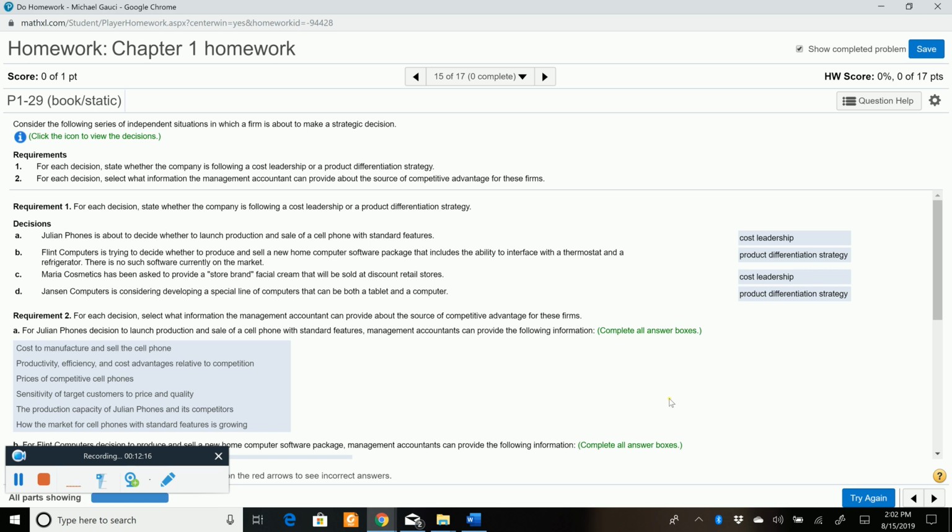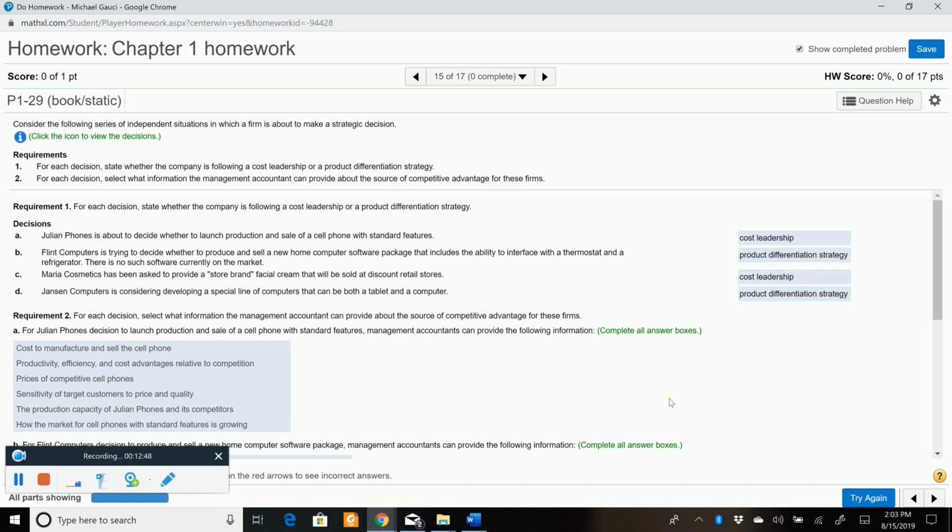And lastly, letter D. Janssen Computers is considering developing a special line of computers that can be both a tablet and a computer. Although it's not specifically stated that there's no such special line of computers on the market, I think we can interpret that because we're using the words special line of computers, we're trying to differentiate ourselves in some way from our competitors.